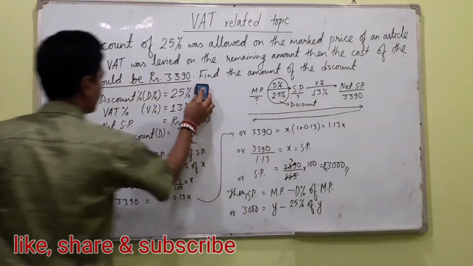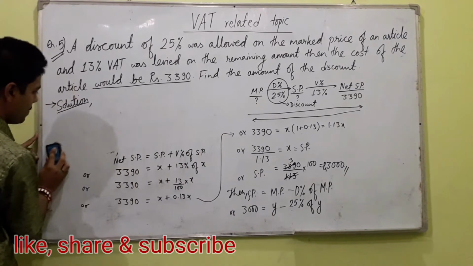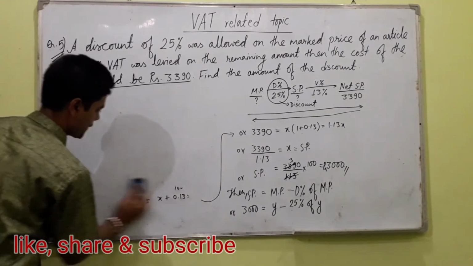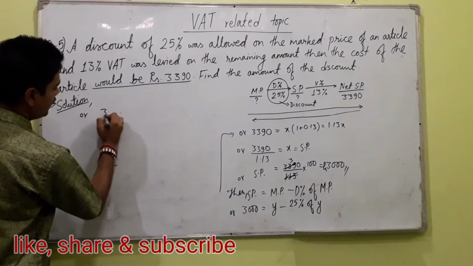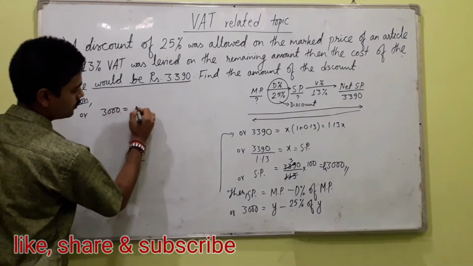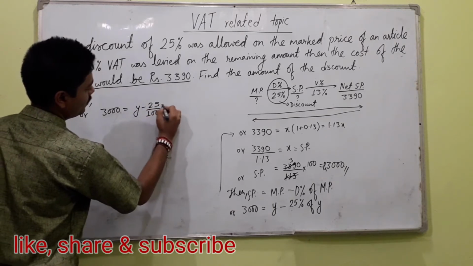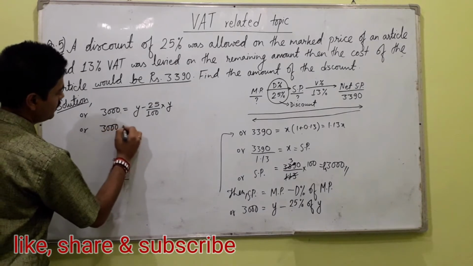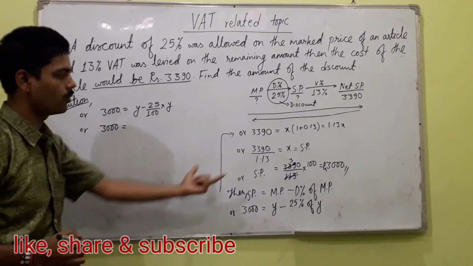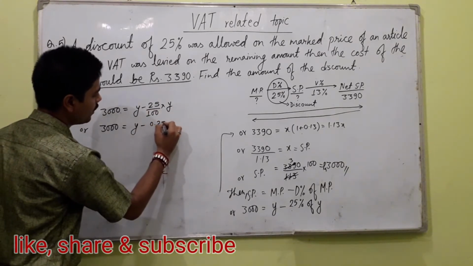Now I am going to erase this. Or 3000 is equal to y minus 25 by 100 into y, the same condition as before. How to solve? 25 by 100 will become 0.25.